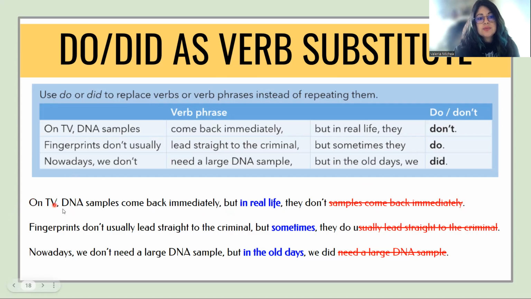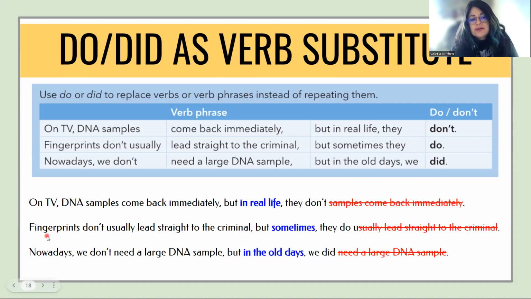Instead of saying on TV, DNA samples come back immediately, but in real life, samples don't come back immediately. Instead of repeating that, I'm just replacing this phrase for don't. That's what I'm doing. Don't avoids repetitions because it replaces the verb phrase. That's the idea.